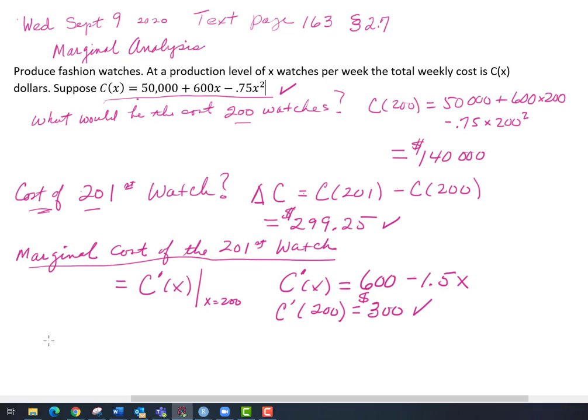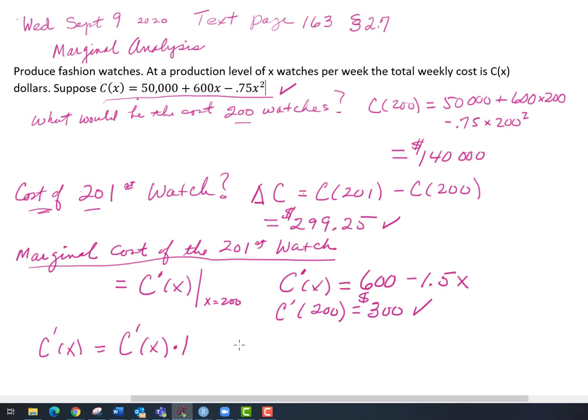Now I want you to think of it this way. C prime of x, that's the marginal cost, would be equal to c prime x times 1.